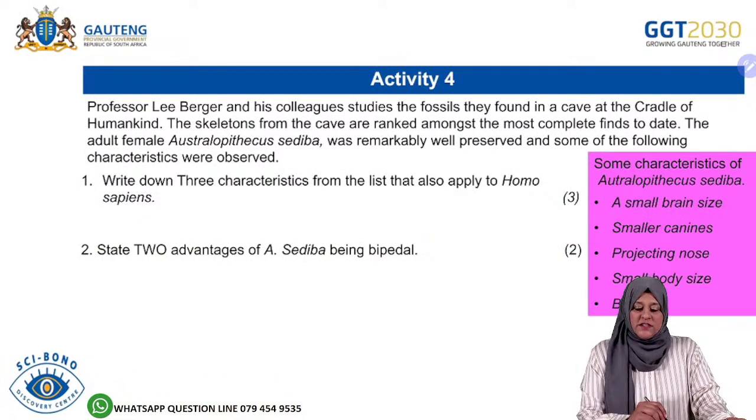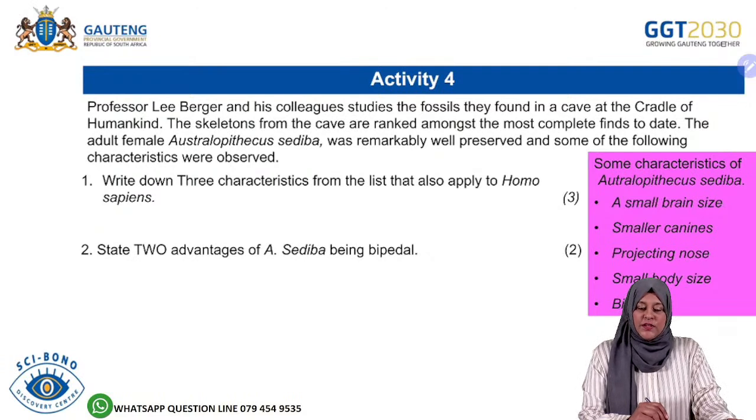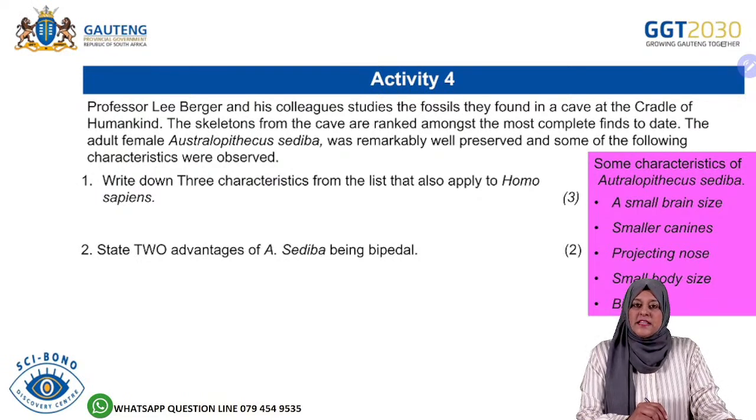Right, activity 4. Professor Berger and his colleagues studied the fossils they found in the Cradle of Humankind. The skeletons from the cave are ranked amongst the most complete finds to date. The adult female Australopithecus sediba was remarkably well preserved, and some of the following characteristics were observed.